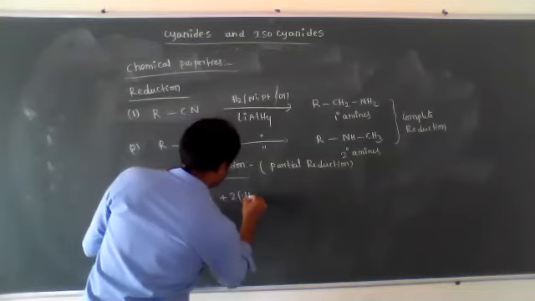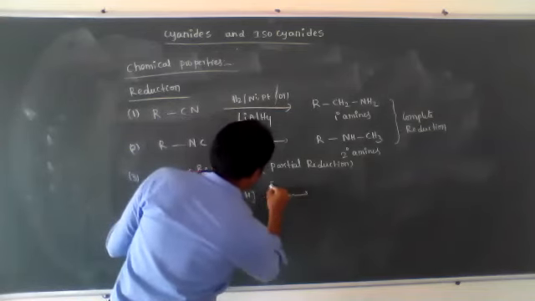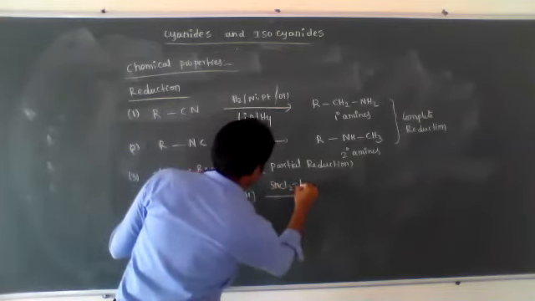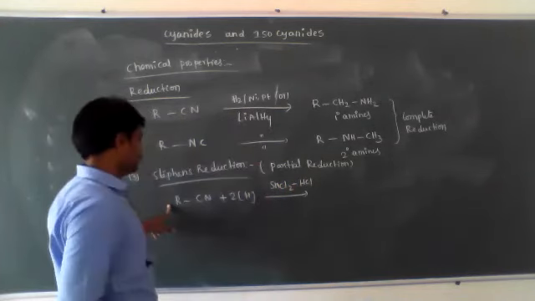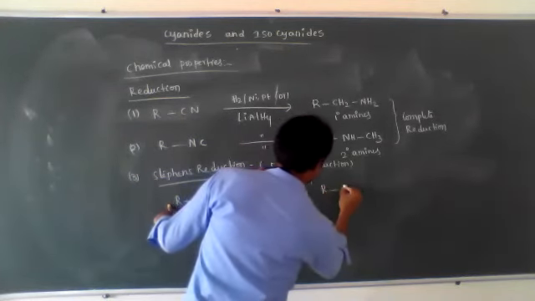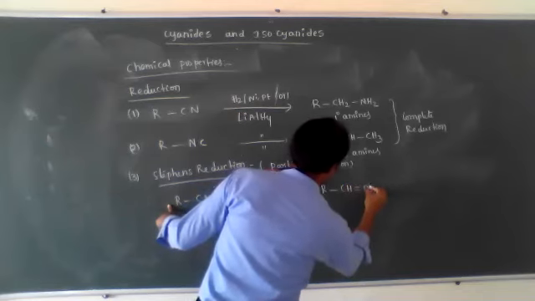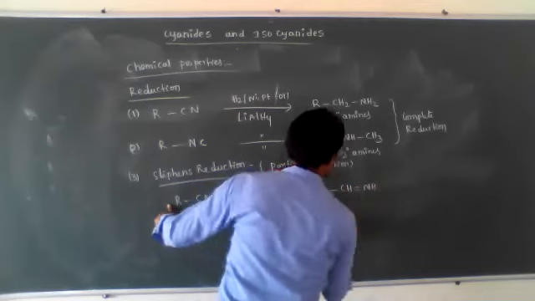Upon reduction in the presence of SnCl2/HCl, we get RCH=NH, imines.